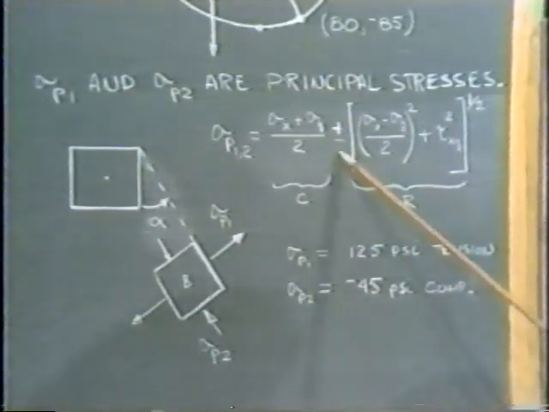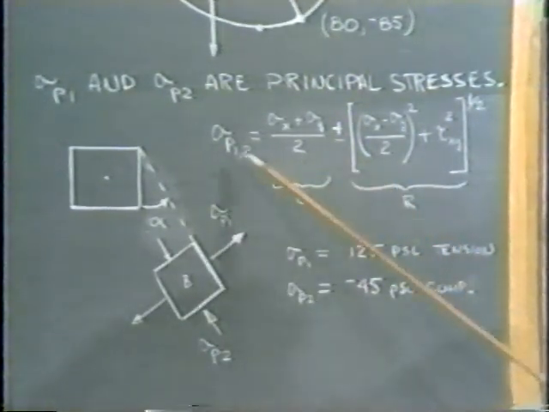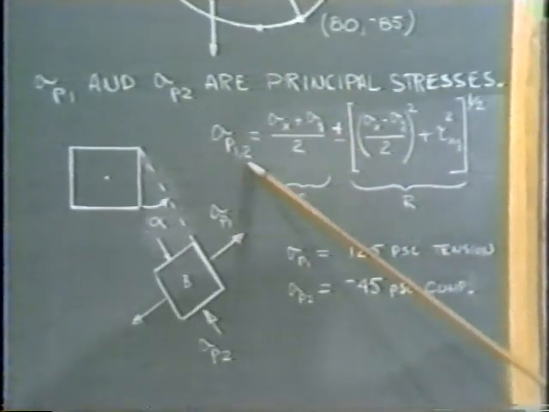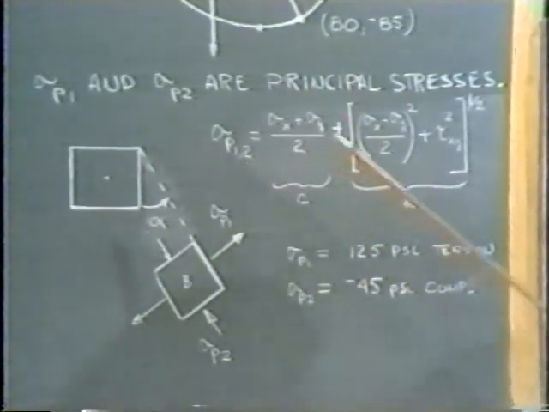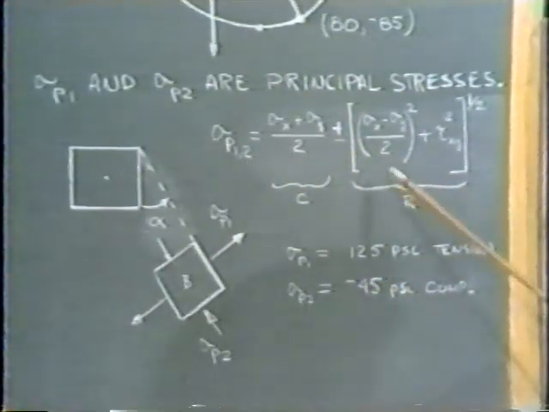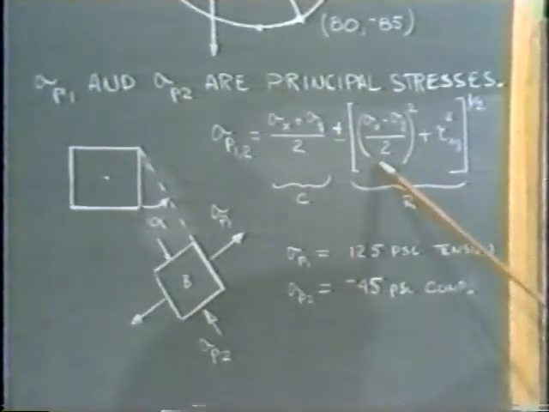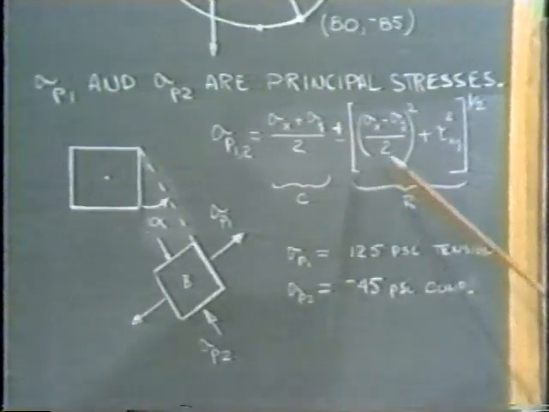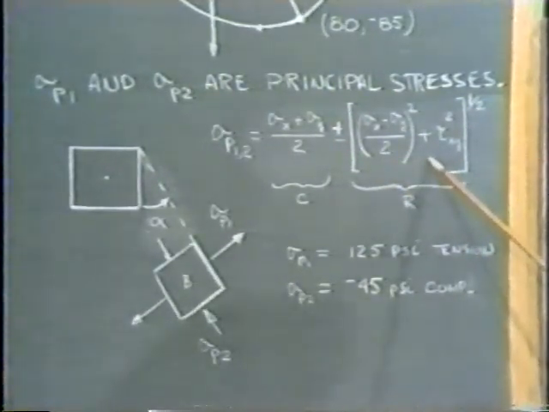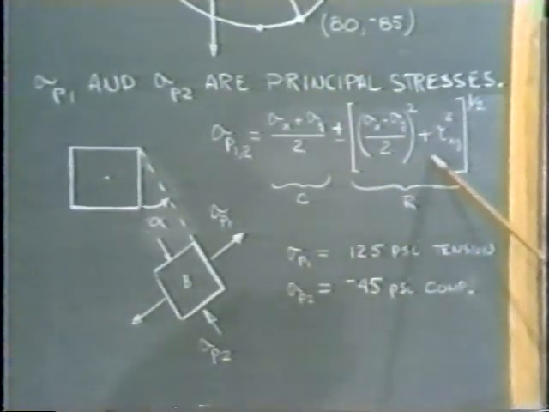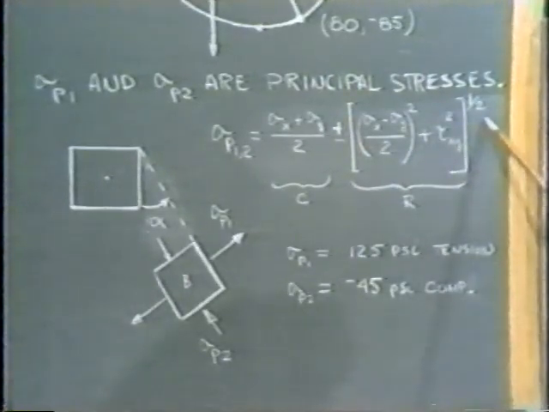I would add or subtract that, depending on whether I wanted the first or second principal stress, to a term here that looks fairly complicated: the difference in the two normal stresses over 2, squared, plus the shear stress acting on the stress block squared, and I would take the square root. Both of these would give me a representation of the two principal stresses.